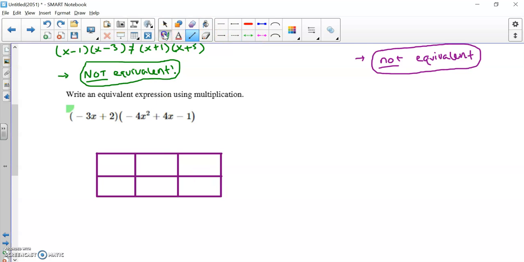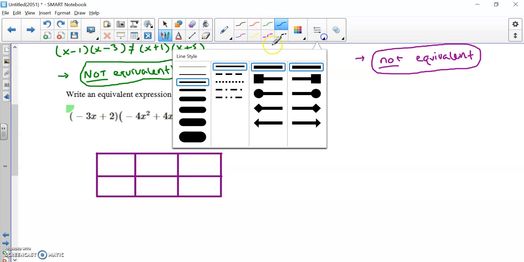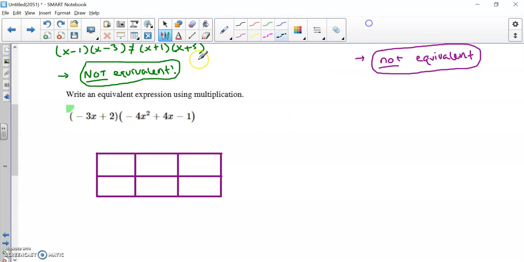Now we're ready to set it up based on what our problem is. We have negative 3x plus 2, so that's the 2-termed one, so it has to go on the side with 2 spaces. And then on this side we'll have this one, negative 4x squared plus 4x minus 1.